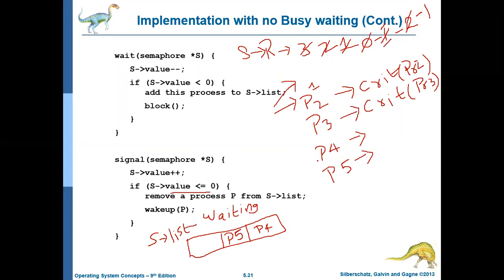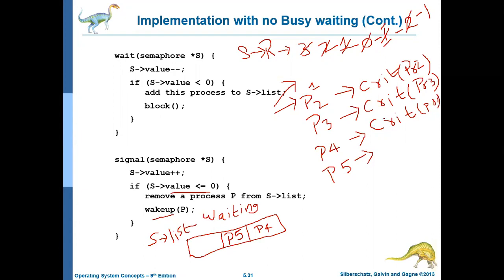Ready queue means it will get the processor. Then you call wakeup. Now P4 can get the printer by calling wait, but it has to call wait. It won't get it automatically. It can get printer 1 by calling wait.